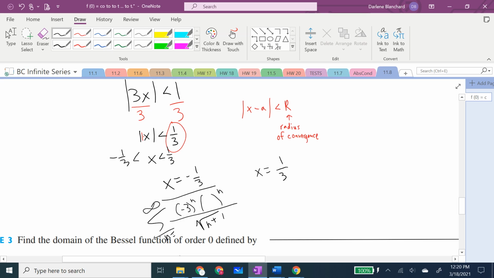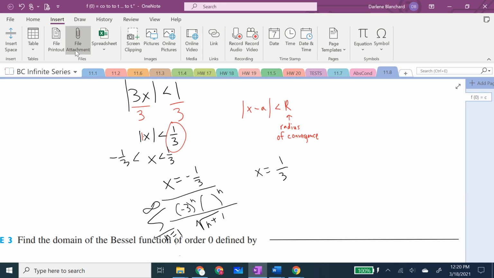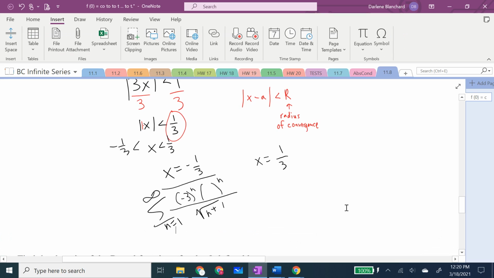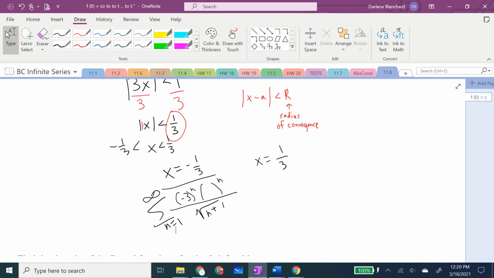And I think it started at n equals 1. Ignore the typing down there. I needed to insert some space. Oh, did it? Thank you. And now take a look at what your numerator turns into for each of them.